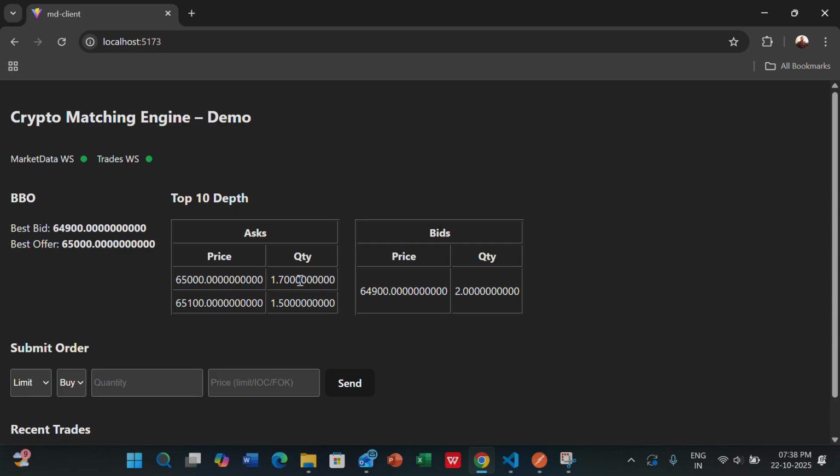It is not that the price has been added on.